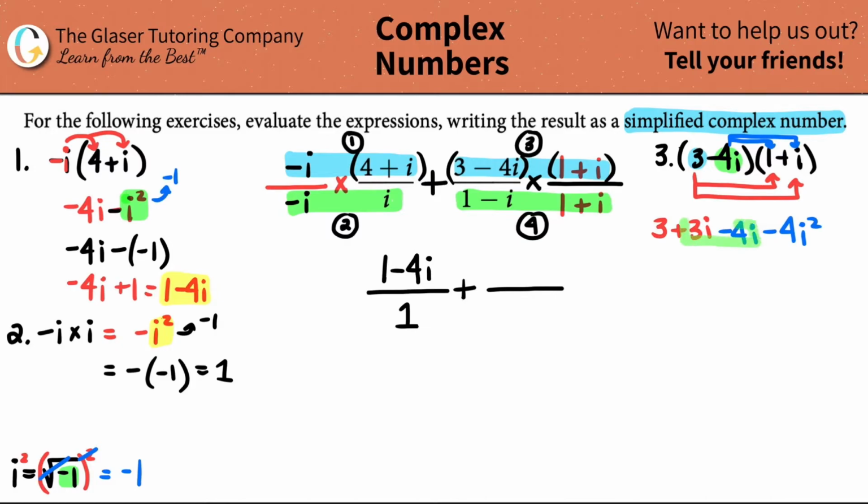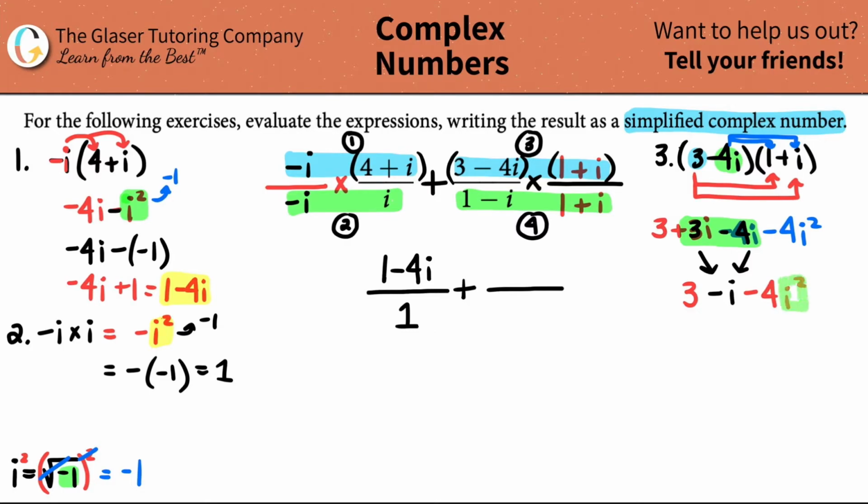So clean up the middle, right? Collect those like terms. 3i minus 4i, 3 minus 4 is the same thing as just saying a -1, and then we have an i attached to it. So this would just be a -i. So then this would be 3 minus i minus 4i squared.